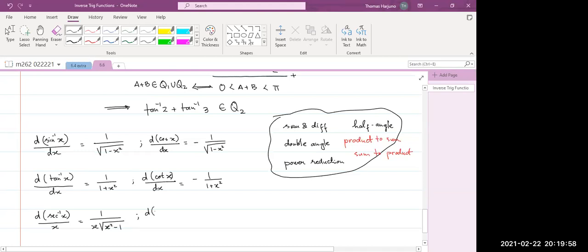The derivative of cosecant inverse x with respect to x is, I keep on forgetting the inverse, negative of 1 over x square root of x squared minus 1.